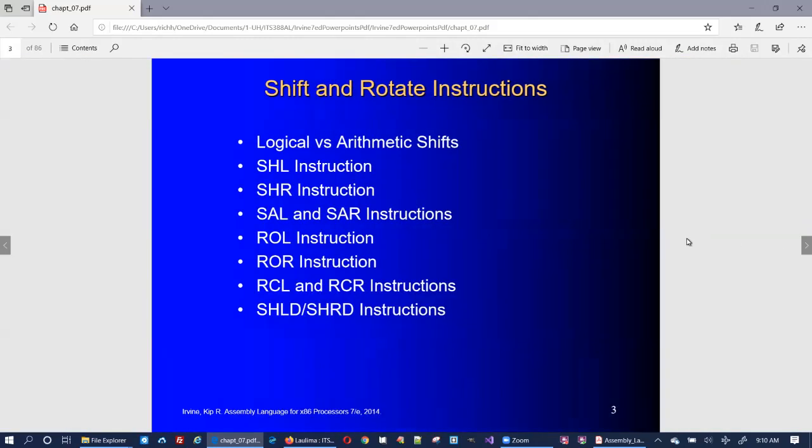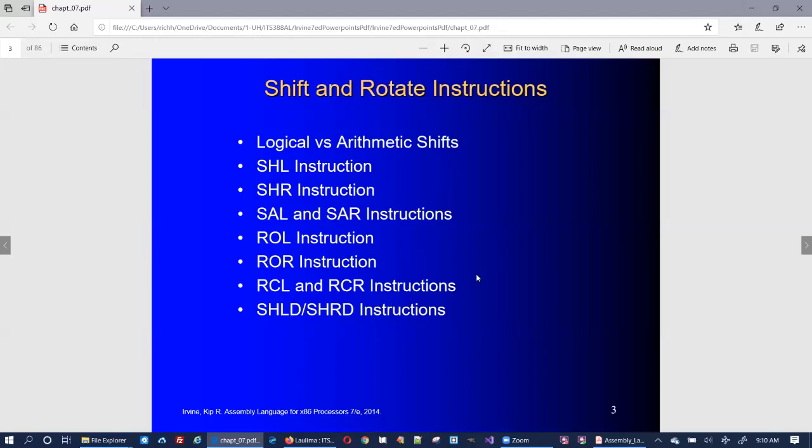All right, so shift and rotate instructions. First, we're going to define the difference between logical shifts and arithmetic shifts. There are shift instructions, arithmetic shift instructions, and rotate instructions, and you'll see the difference between those. And then there are shifts involving two memory locations.